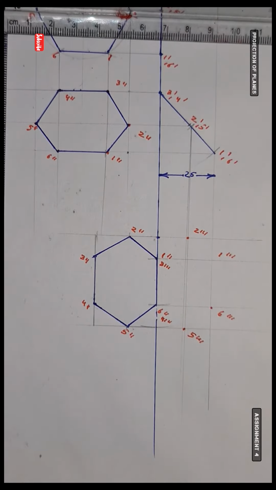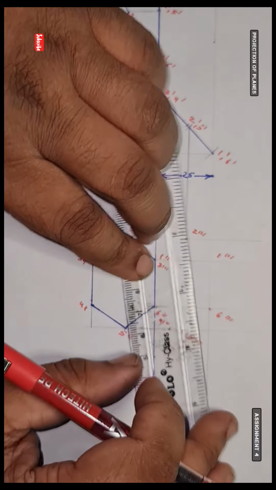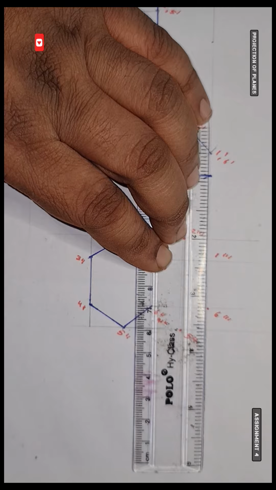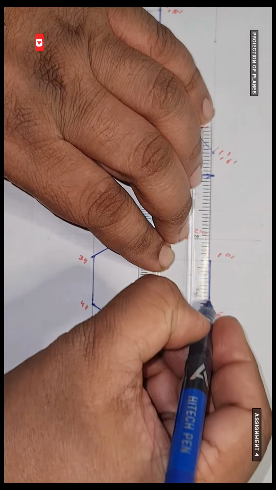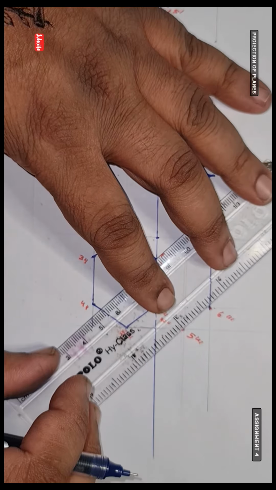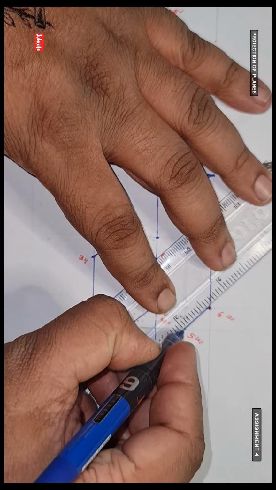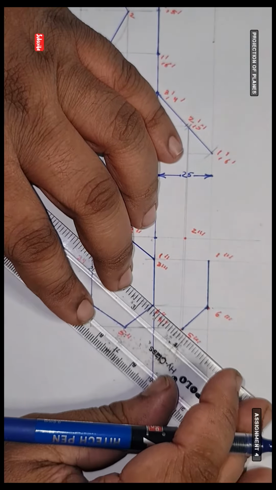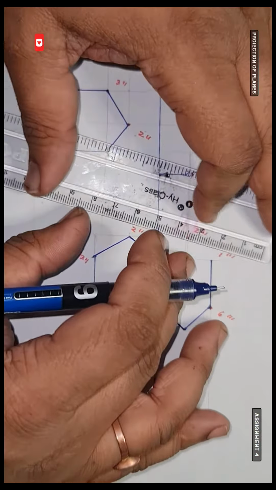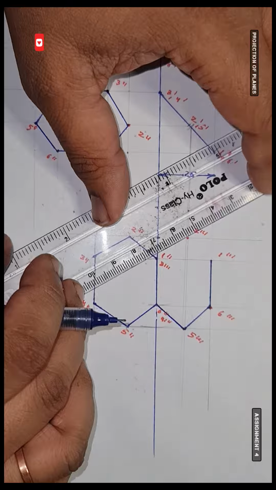Now you join it and you will get a front view. Like this.